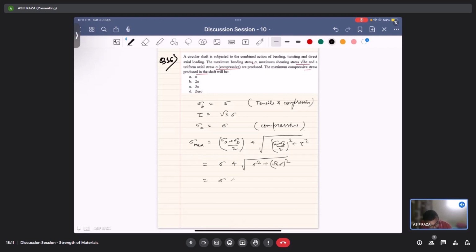This would be 3 sigma square, 3 sigma plus 2 sigma, 3 sigma. So this is 8. So the answer would be option C. And yeah, this is it.